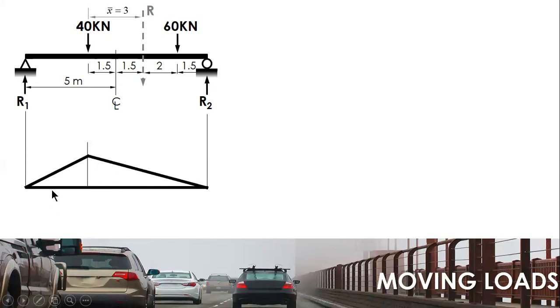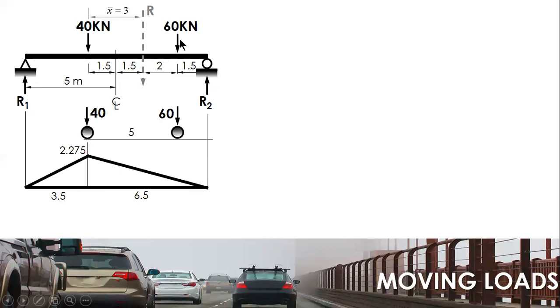This distance is 3.5, and this distance is 6.5. The ordinate is A times B over L, so 3.5 times 6.5 divided by 10, which is 2.275.